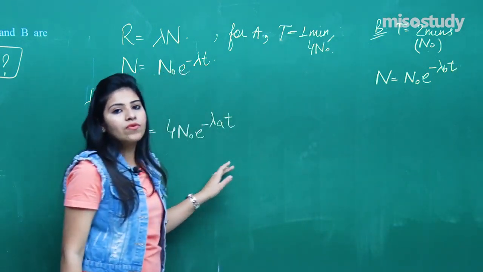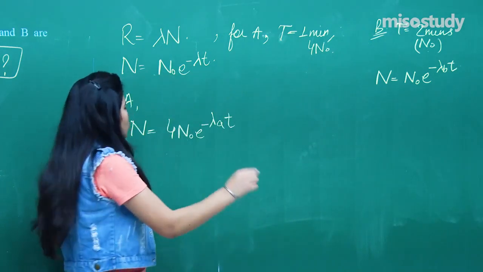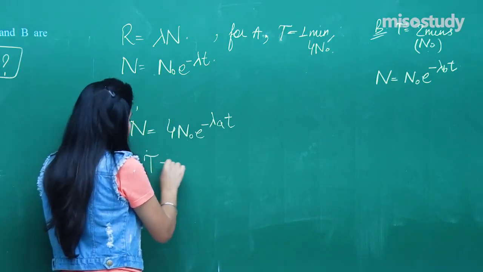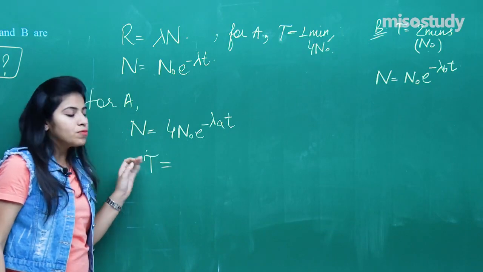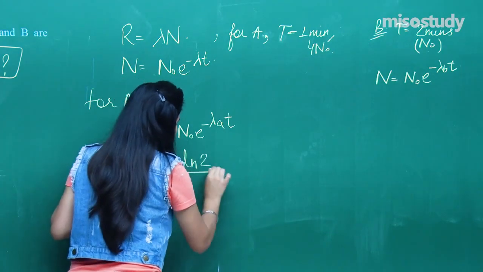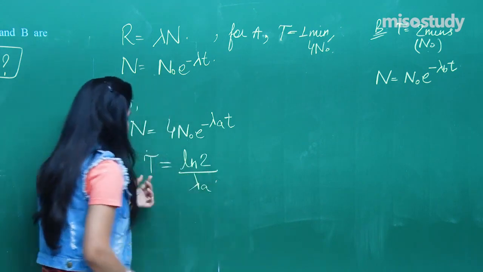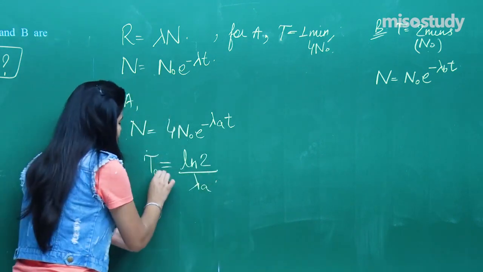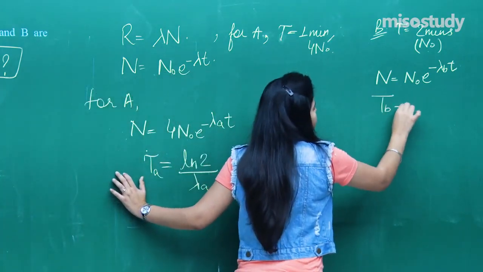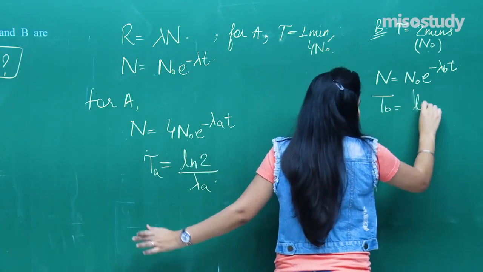Now you have one thing for you. You know that if you are speaking about the half-life, your half-life would be T equals log 2 by lambda A. This is for the A case and this will be for the B case.